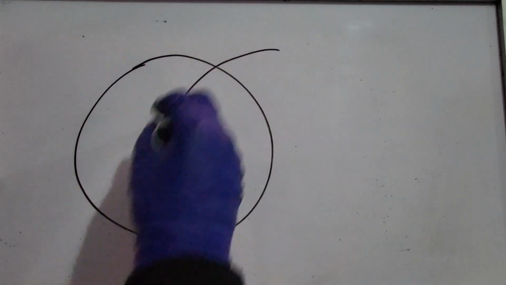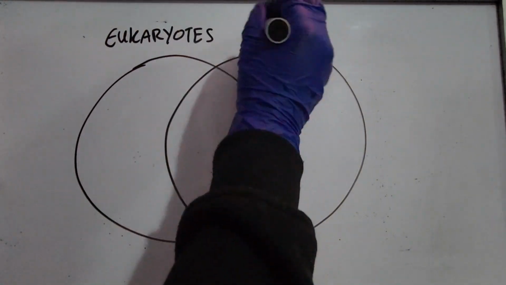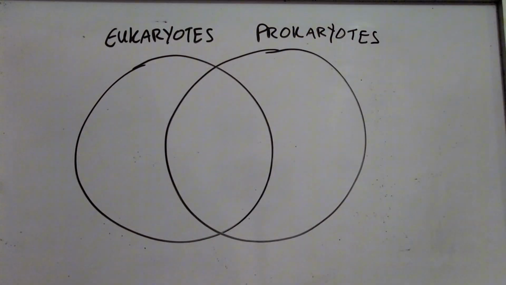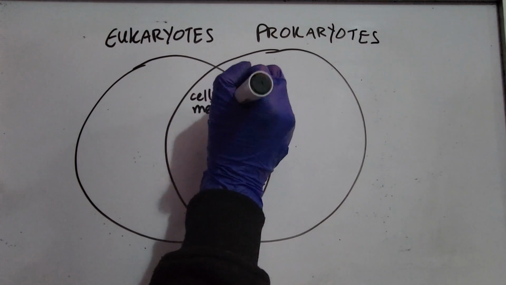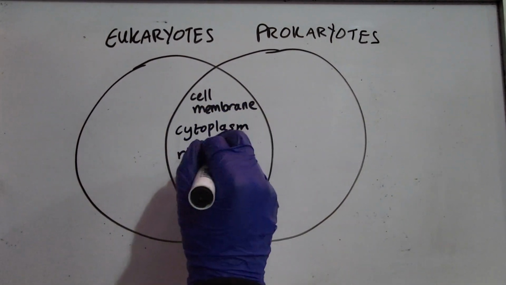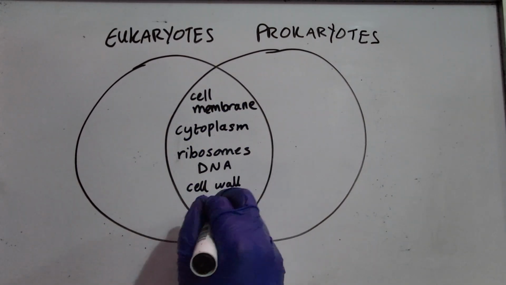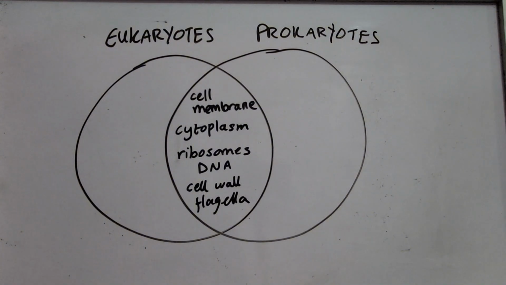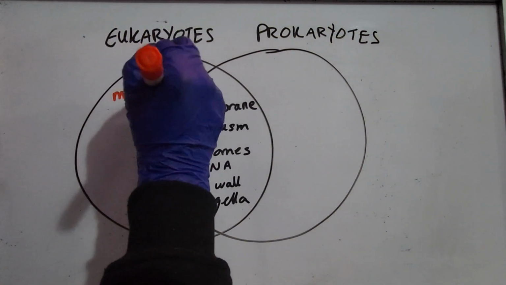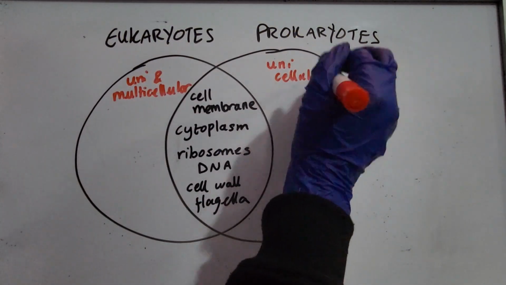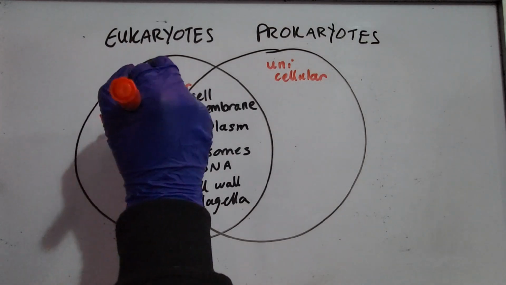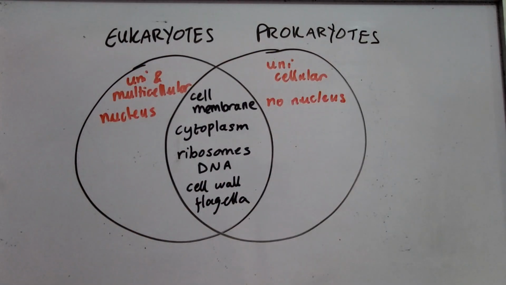It's important that you're able to recall the similarities and differences between the structures of eukaryotes and prokaryotes. Organelle-wise, both kinds of cells have cell membranes, cytoplasm, ribosomes, DNA, and can both have cell walls and flagella. Eukaryotes can be both unicellular and multicellular, but prokaryotes can only be unicellular. Eukaryotes tend to have nuclei, but prokaryotes don't have nuclei.